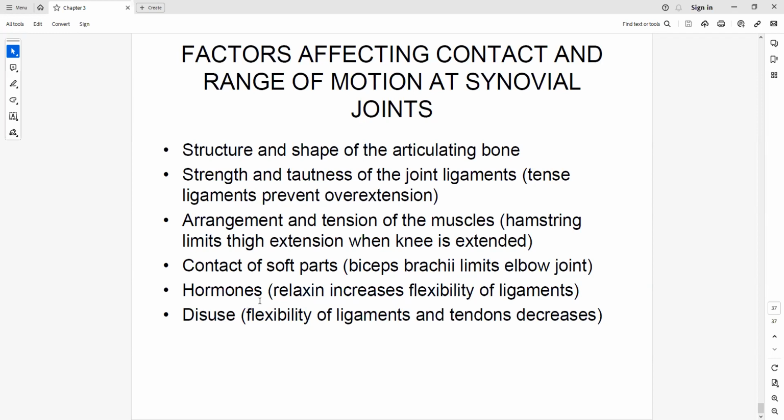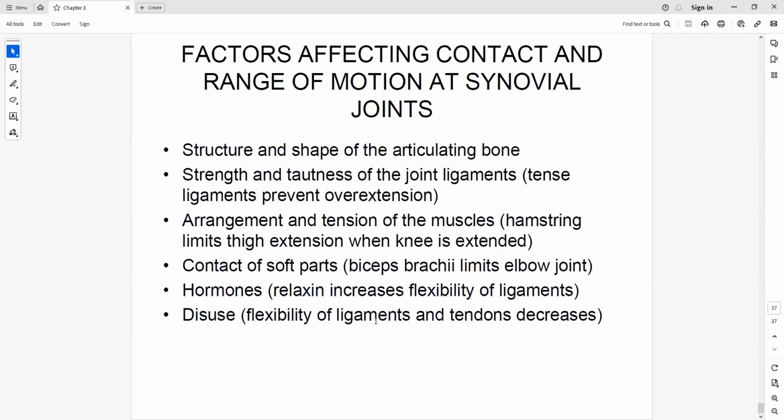I want to mention one more, maybe two more here. Hormones, relaxin, which is a major hormone produced during pregnancy, increases flexibility of ligaments. This contributes to the loss of stability of joints during pregnancy. And disuse. Think about a person who has been bedridden or has been in a wheelchair for months.